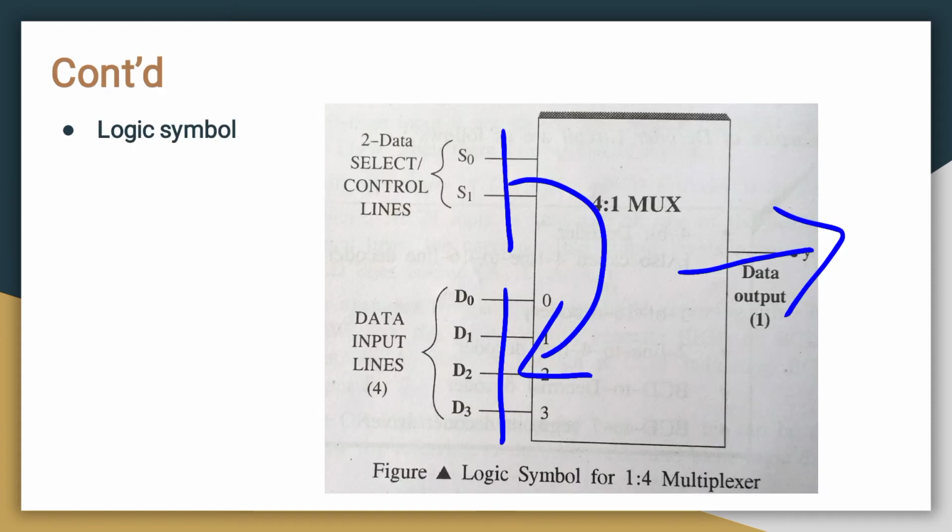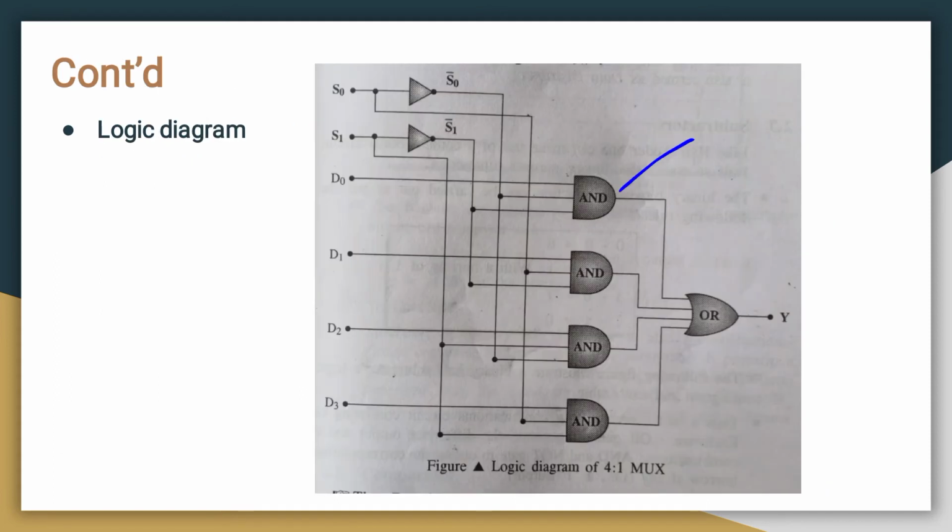So at the end, all the AND outputs are connected to the OR gate to get the Y output. Like this we design the logic diagram of the 4:1 mux. This is about the multiplexer: multiple inputs and a single output.